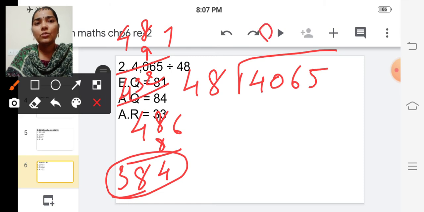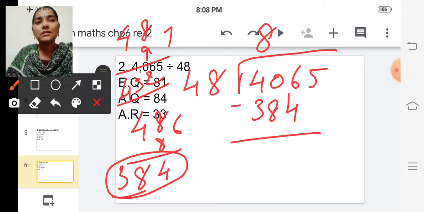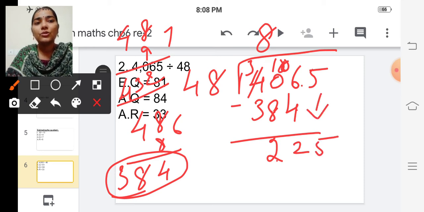Okay, so 8 48s are 384. So if we subtract, 6 minus 4 is 2, so borrow 100, so it will become 3 and it will become 8. So 10 minus 8 is 2, and bring down this 5 here, so 225.